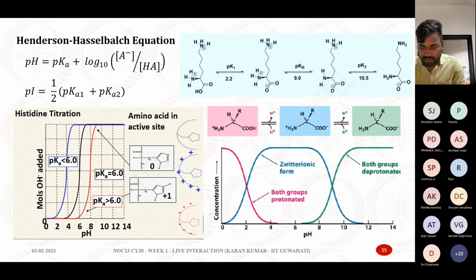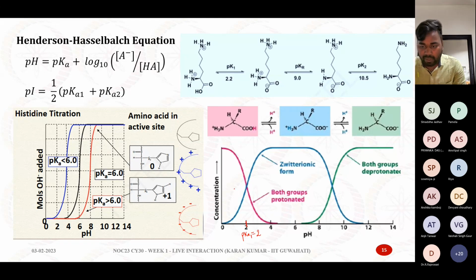Similarly, this graph represents a titration where you are increasing the pH for an amino acid. Normally for a general amino acid, pK1 is 2, right?